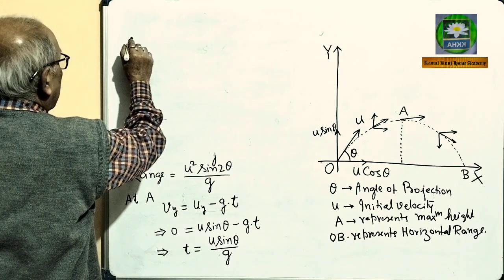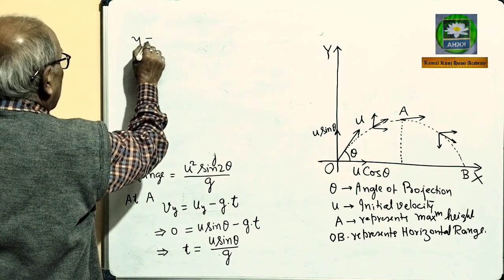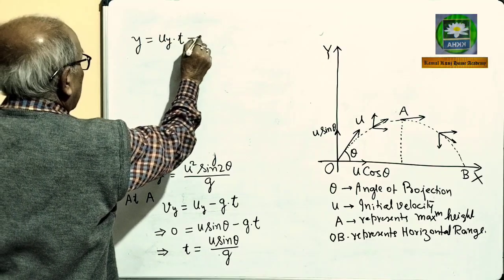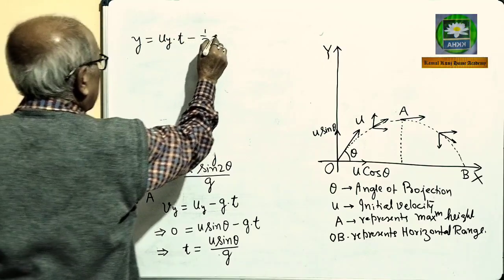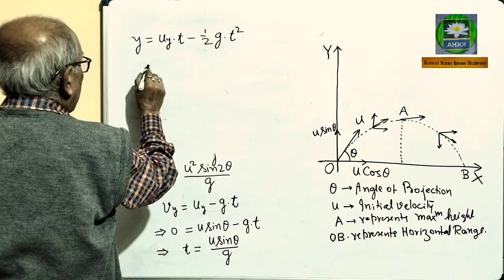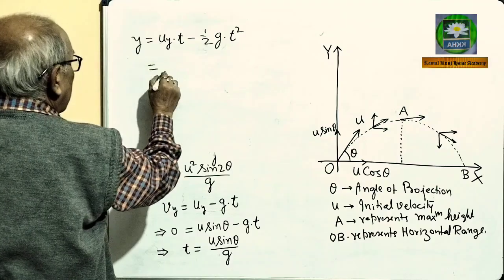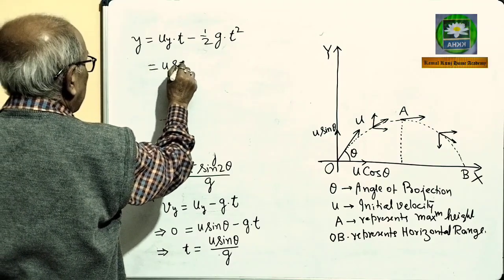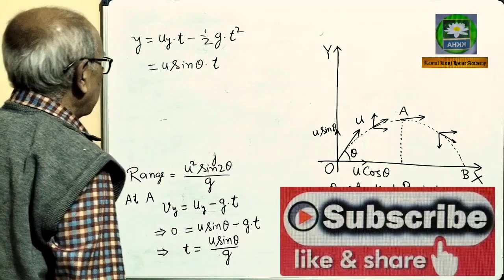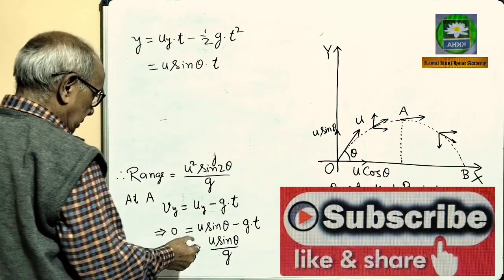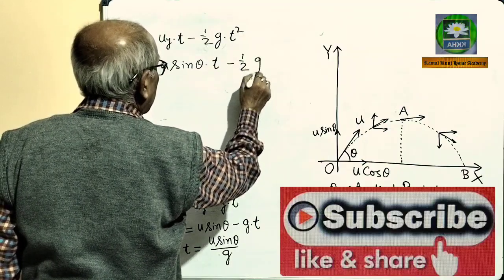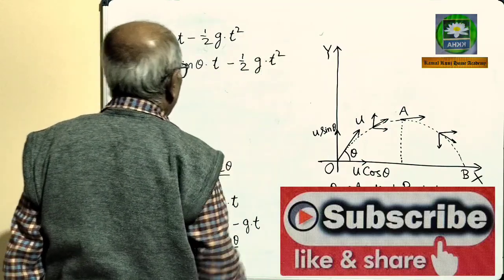So y is equal to uy into t minus half g into t square. This is equal to u sin theta into time minus half g into t square.